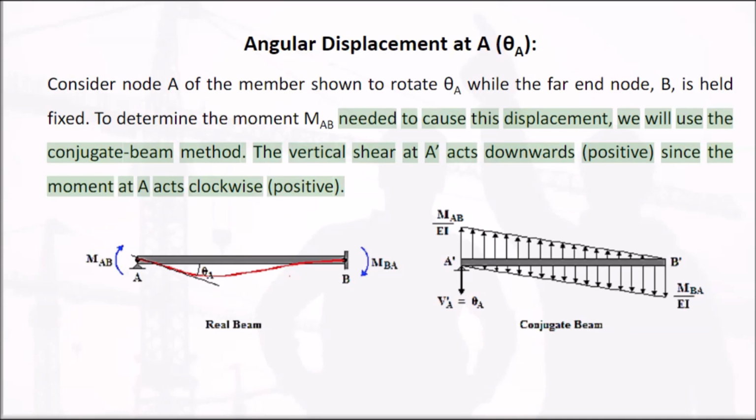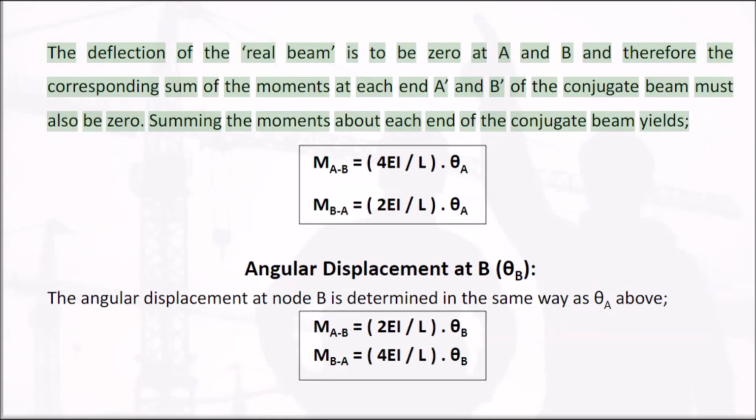The vertical shear at A acts downwards, positive, since the moment at A acts clockwise, positive. The deflection of the real beam is to be zero at A and B, and therefore the corresponding sum of the moments at each end A and B of the conjugate beam must also be zero.